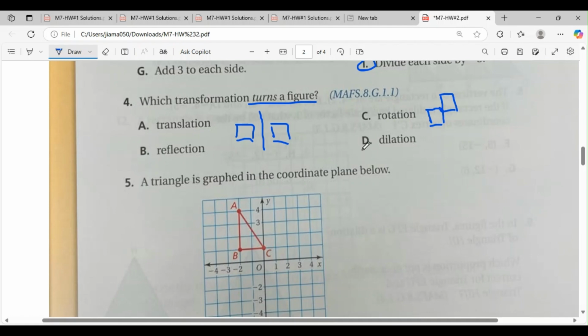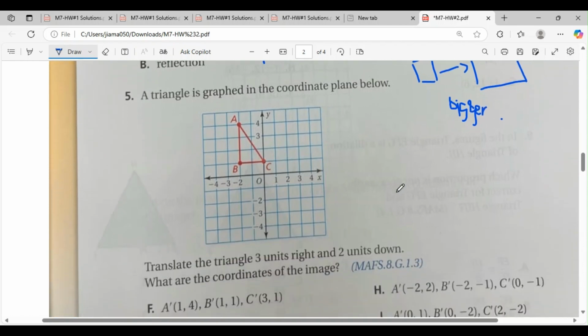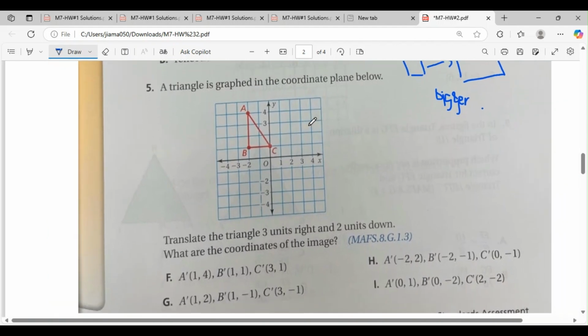But with dilation, the figure will change; it will become bigger than the original figure.